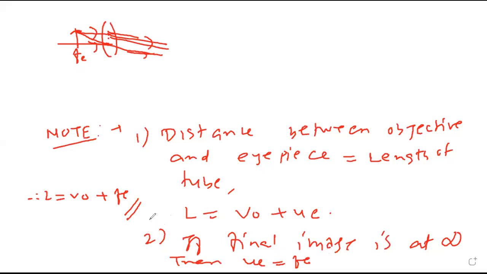Write this much again as a note. Sometimes in numericals they will give the length of the tube. That means you should recollect it is nothing but V naught plus UE.